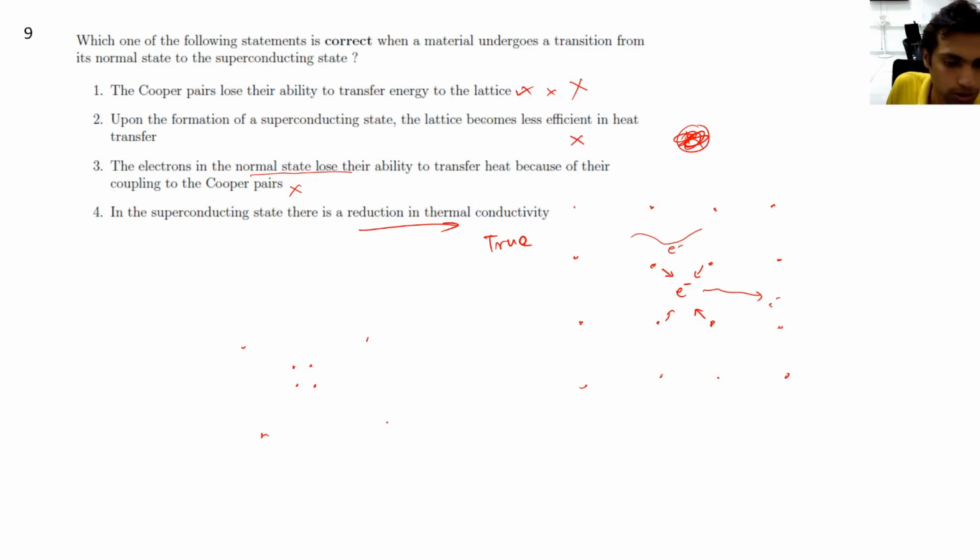The lattice doesn't reduce its capability to transfer heat. It is the electrons which participate in the Cooper pair, and because of that the thermal conductivity will reduce.